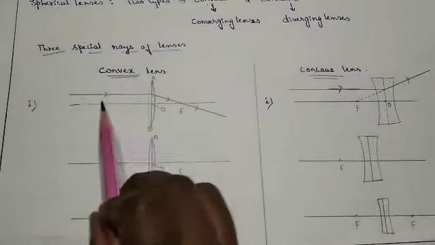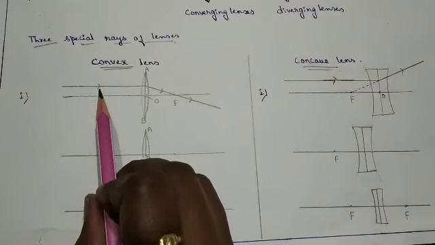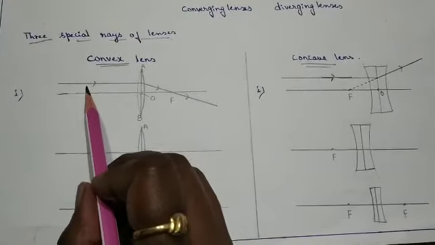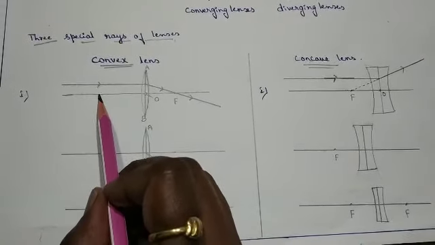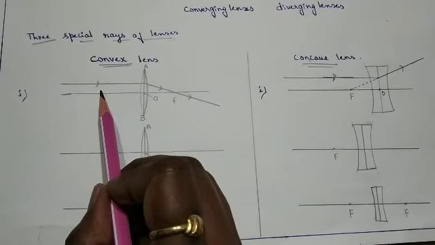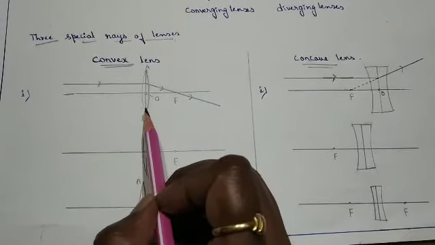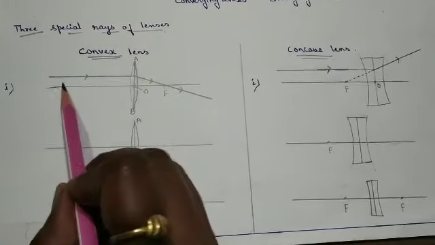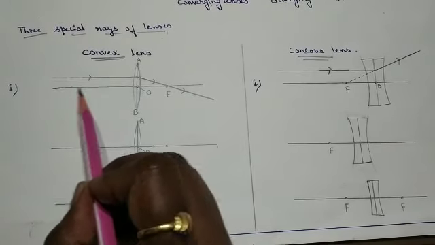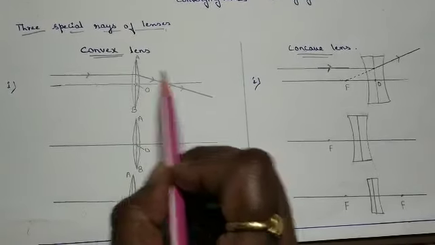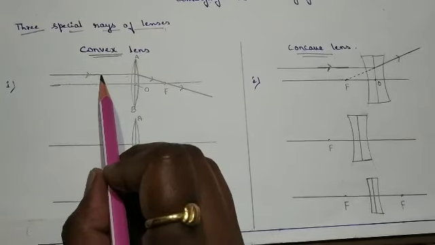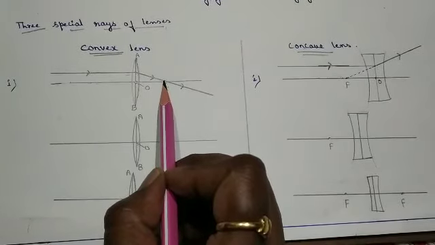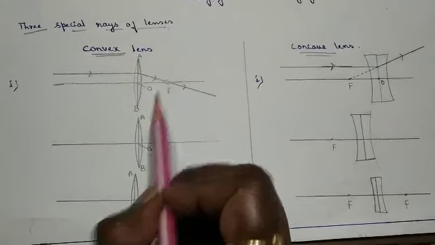So here first case, convex lens: if the rays are allowed to fall on the lens parallel to the principal axis, after refraction in the lens, they appear to converge at the focus. This is the principal axis. If the rays are parallel to the principal axis, after refraction they meet at focus.